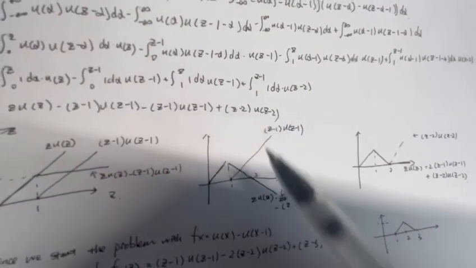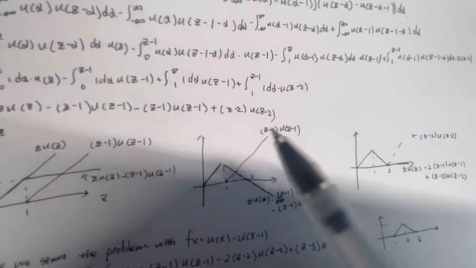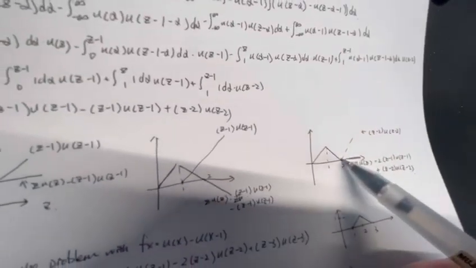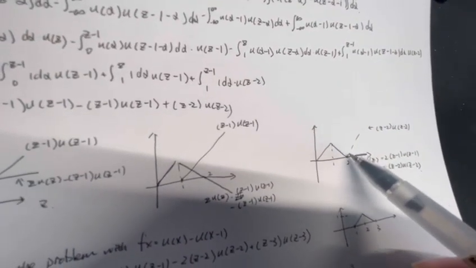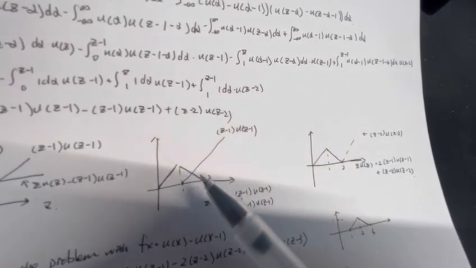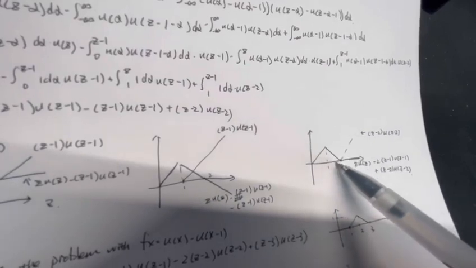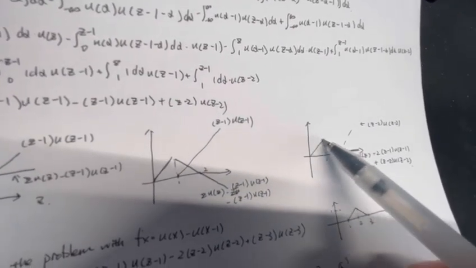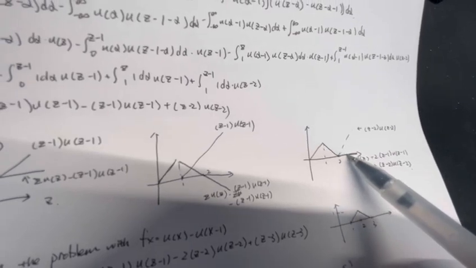And then we're going to add the last part, which is z minus 2 times u(z minus 2). So it will start at 2 and will be like this. So these two parts cancel out and become 0. So the graph will look like this, and then it will maintain the value of 0.